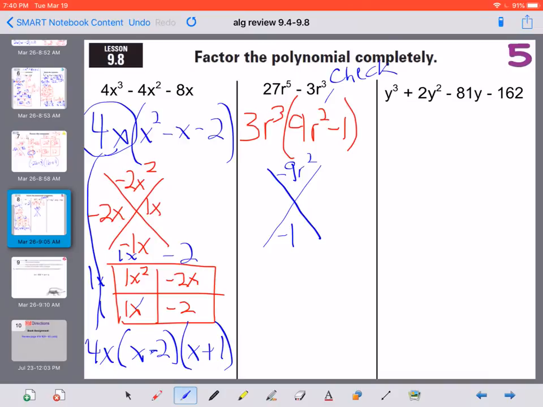Now the only factors that I can multiply to get negative 9 are 1 and negative 9, negative 1 and 9, 3 and negative 3, and none of those add up to negative 1 when I add those together. So in this case, our answer is just this. We don't have to factor out any more.